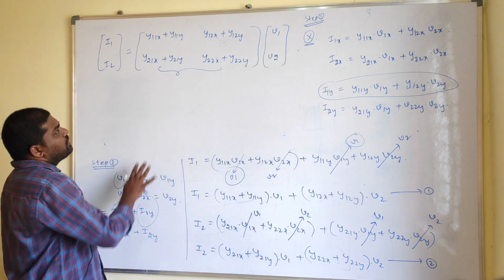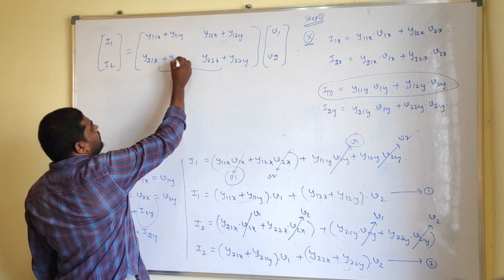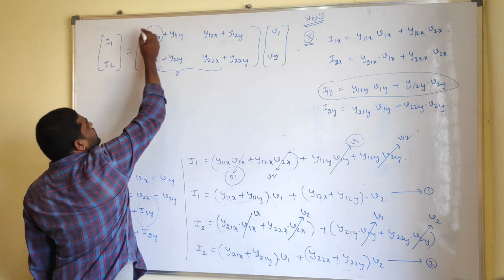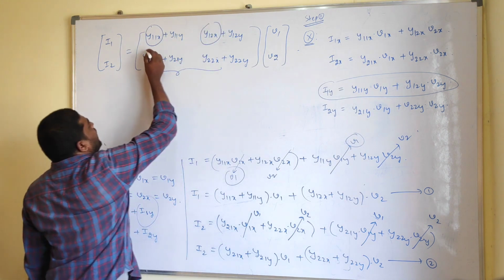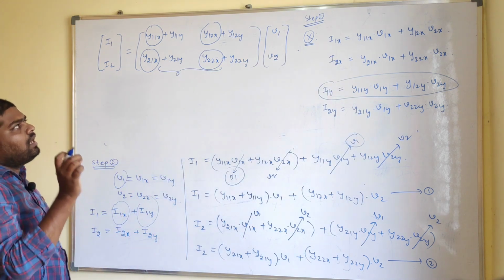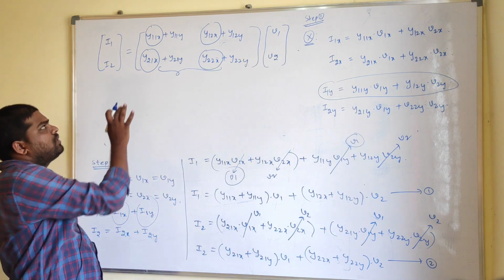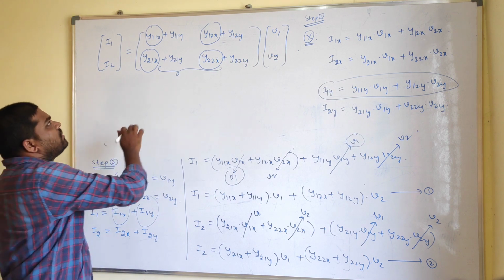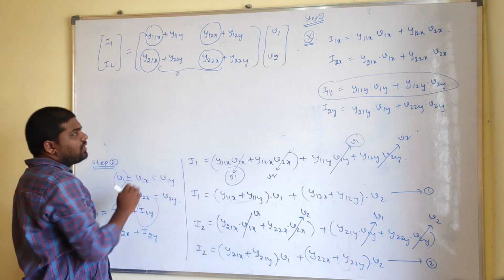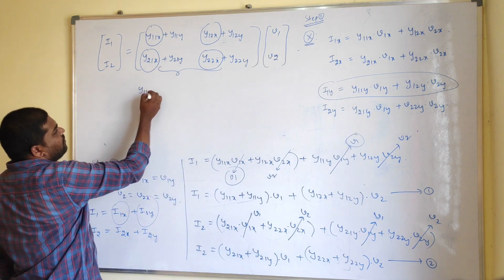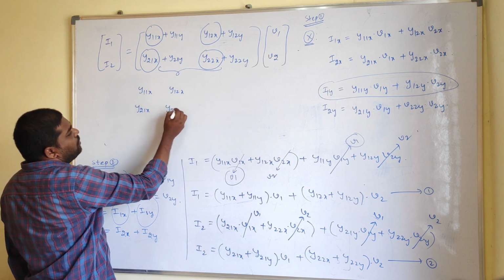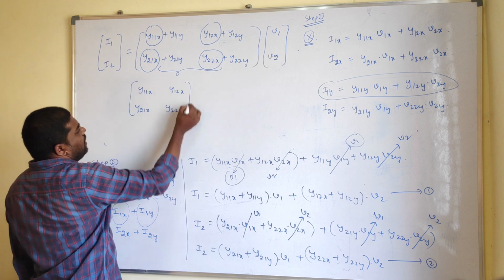Now observe this. Here we have Y11x, here Y12x, and Y21x and Y22x. Just observe only the first terms. So Y11x, Y12x, Y21x, Y22x is one matrix.